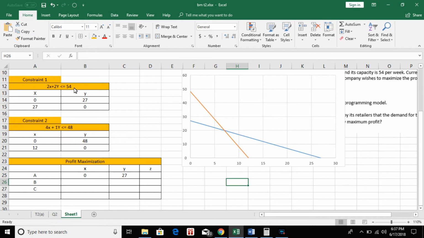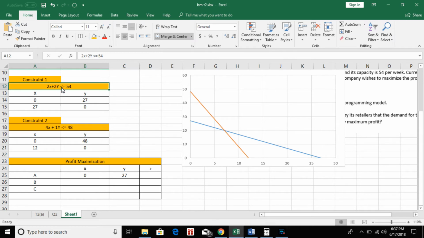We will take our first constraint. So how will we take this constraint? We have to take the constraint with the lower value. We have two constraints now, and you can see in this we have 4x plus 1y, and here we have 2x plus 2y. So this constraint is smaller.